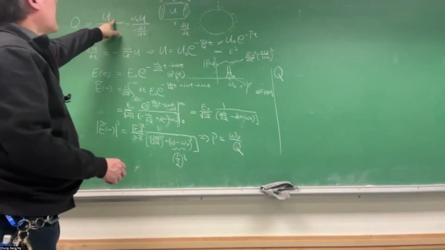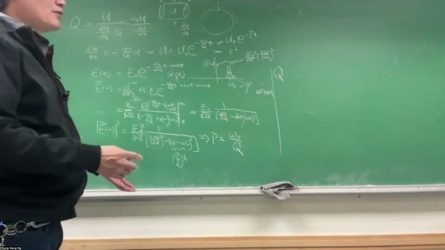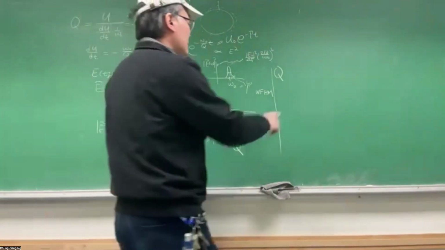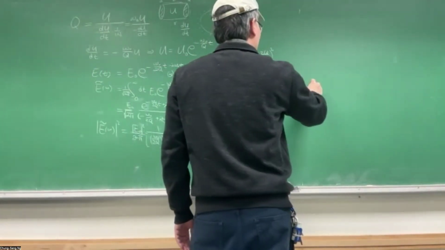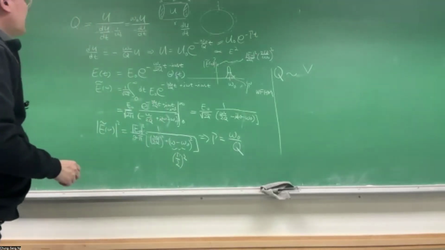The energy content is obviously proportional to the volume. When you have a larger volume, you have more energy. So if you estimate it, it is proportional to the volume of the resonator.